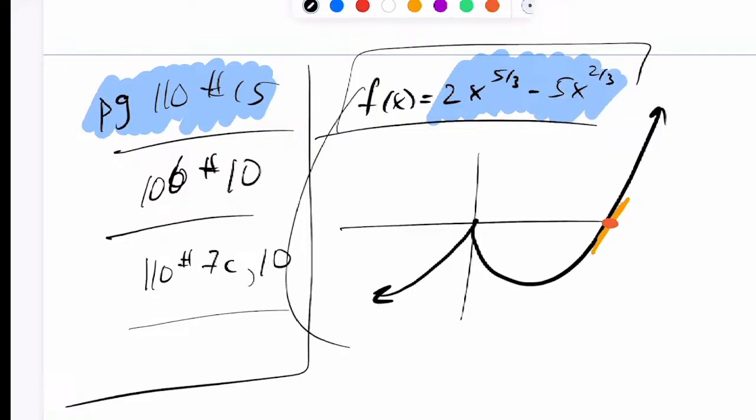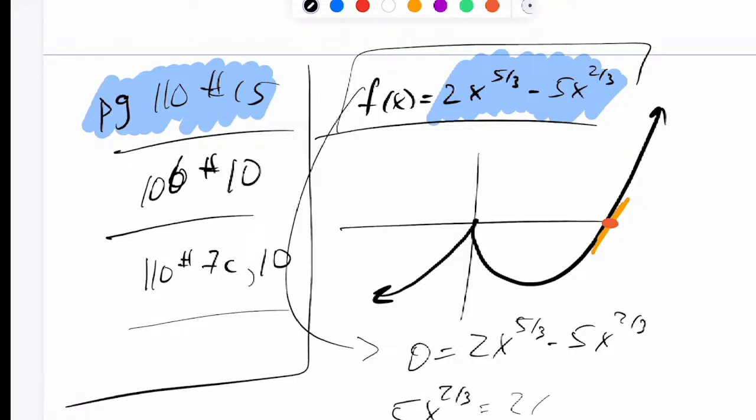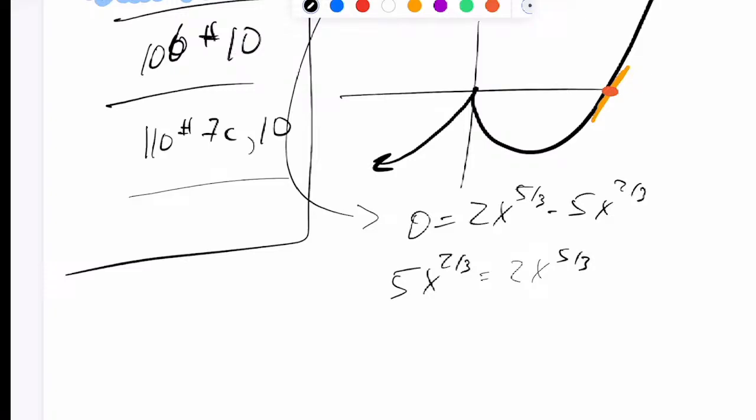Well, this function crosses the x-axis when f of x is 0. So I set f of x equal to 0, and then you bring this to one side. So you're looking to solve for x here. The best way to do this, I would say, is to multiply both sides of the equation by x to the third.